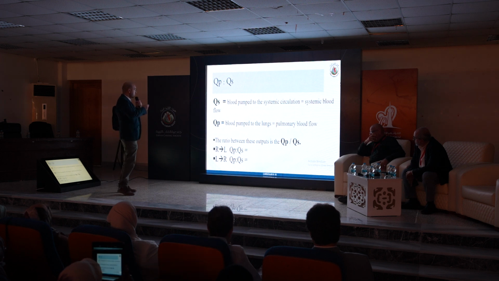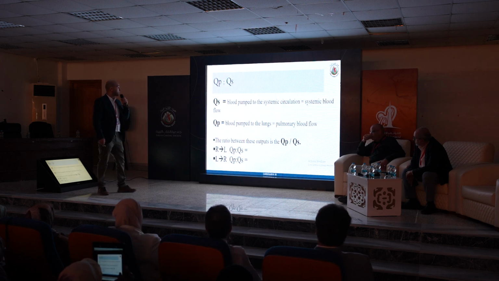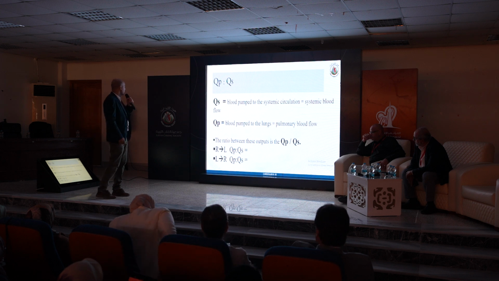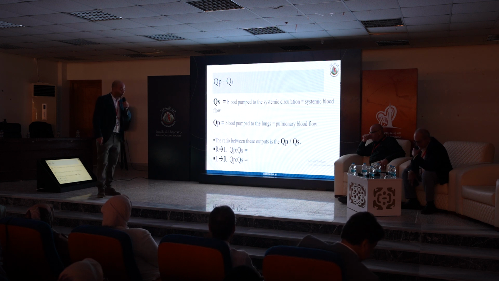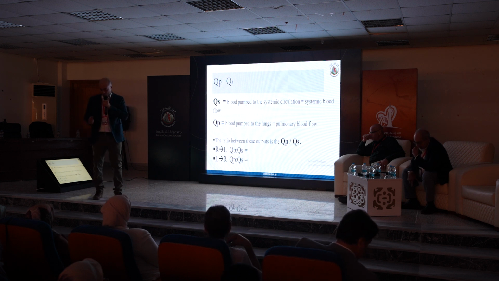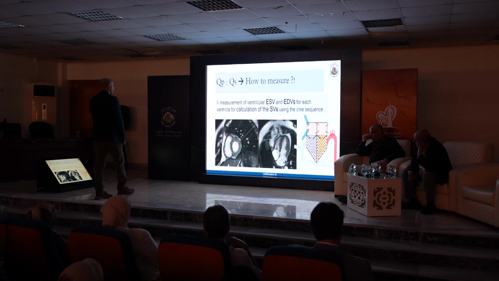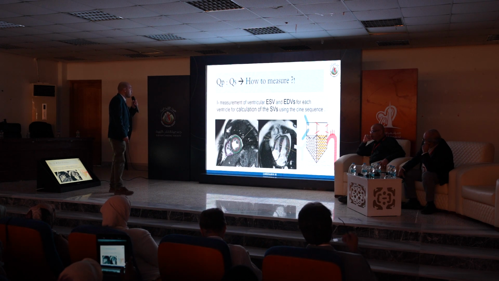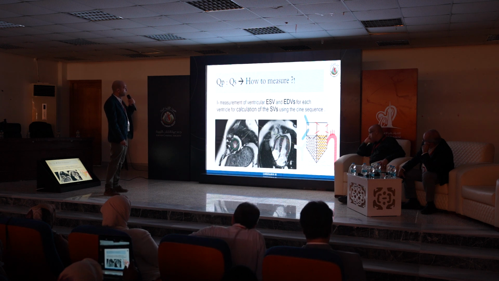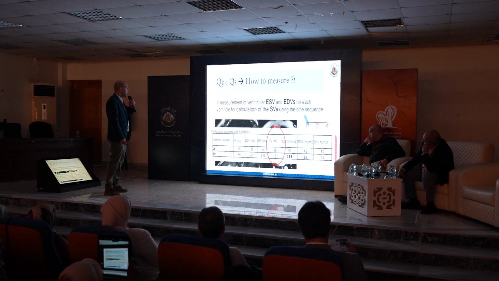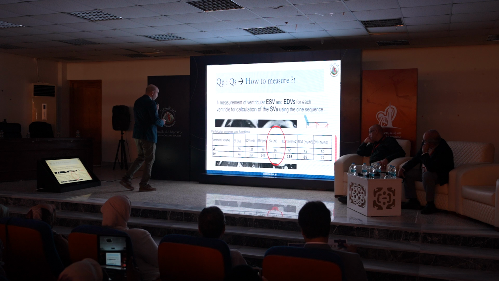So QS equals blood pumped to the systemic circulation and QP is blood pumped to the lungs. The ratio between these outputs is the QP-QS. So how to measure the QP-QS? At first, we will measure the ventricular end-systolic and end-diastolic volumes for each ventricle to get the stroke volume of each ventricle.